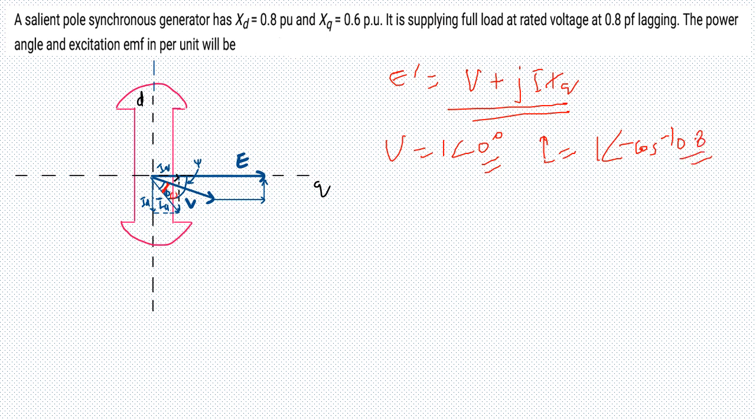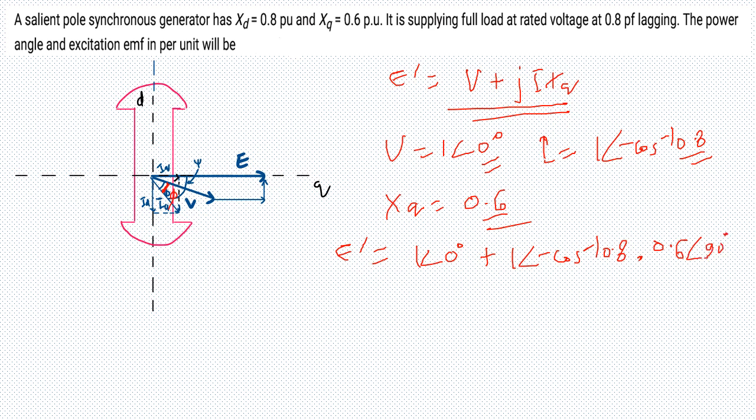And XQ is 0.6. Substituting, E dash equals 1 angle 0 degrees plus 1 angle minus cos inverse 0.8 into 0.6 angle 90 degrees, because j gives you 90 degrees.